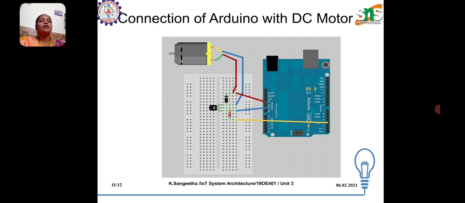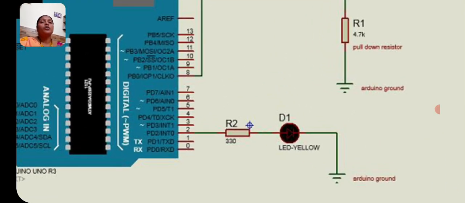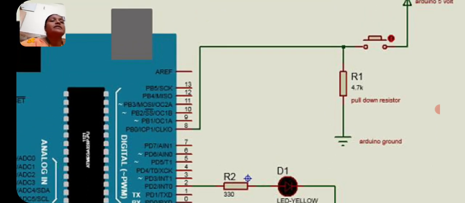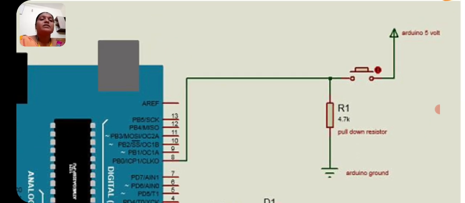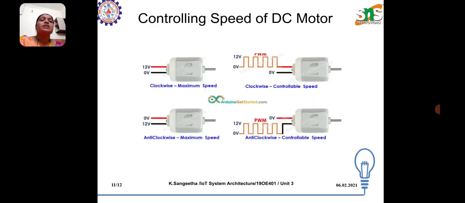This is the connection detail. On the Arduino board, the second pin is connected to the resistor, which is connected in series to the diode and then to ground, and the 8th pin is connected to the other resistor, 4.7 kilo ohm, which is connected to VCC. This is the schematic diagram of Arduino with DC motor.